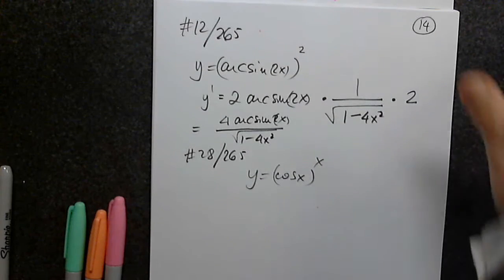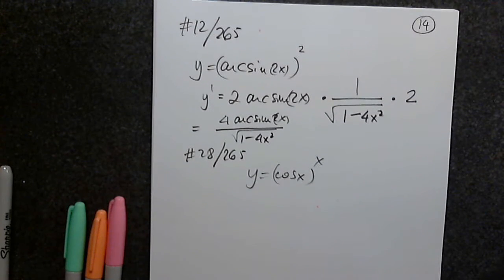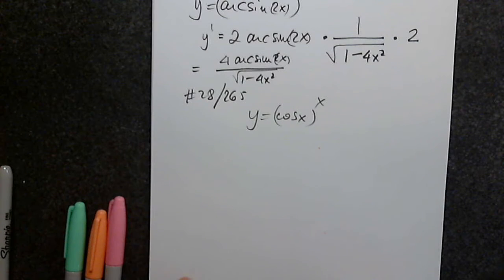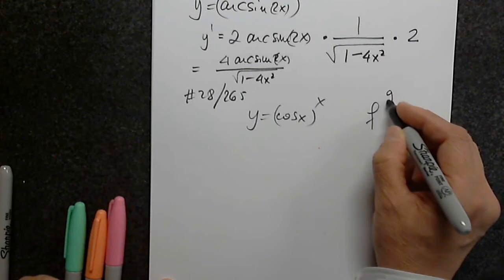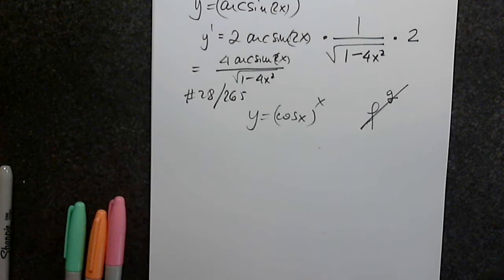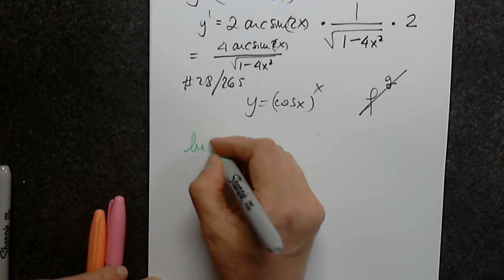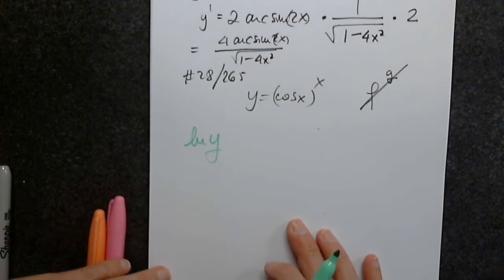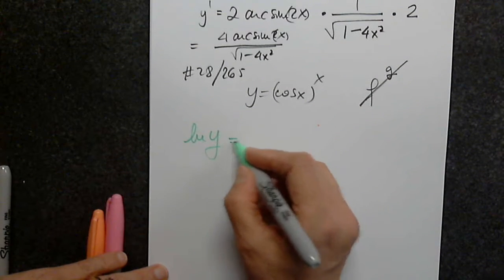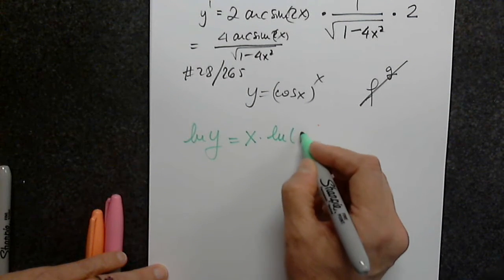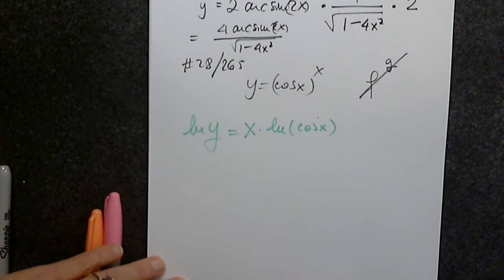Okay, what about the second one? Negative x cosine x. It's a function raised to a function, and there is no formula. We have to, yes. It's better to make a mistake now than on the test. So that's good. So this is x times natural log cosine x.